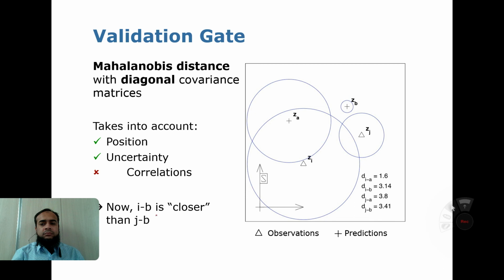Now IB is closer than JB. The distance for IB is 3.14 and for JB 3.41, so it seems that IB at 3.14 is closer.